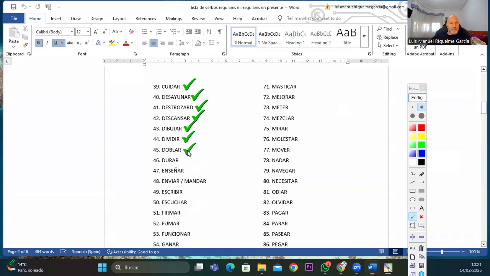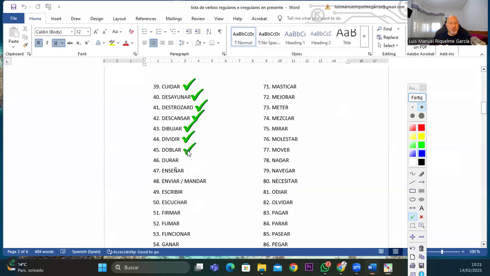Doblar can be to fold clothes, fold something. Doblar is also to dub a film, when a film is an American film and they dub it into Spanish.